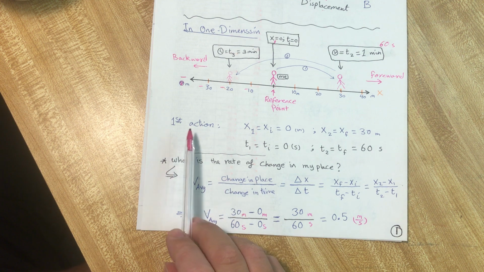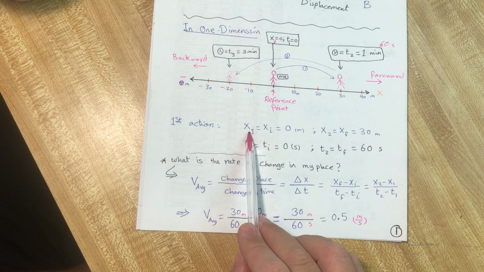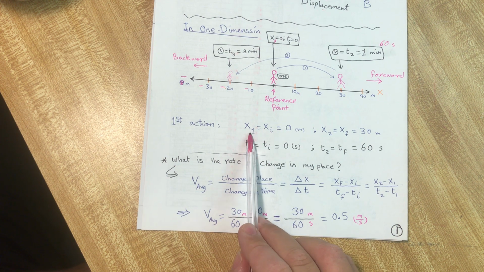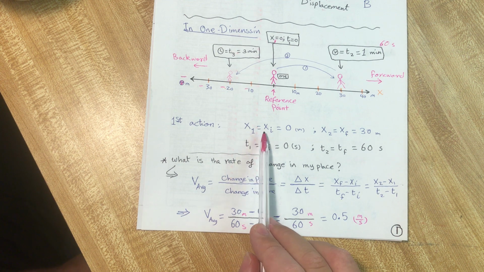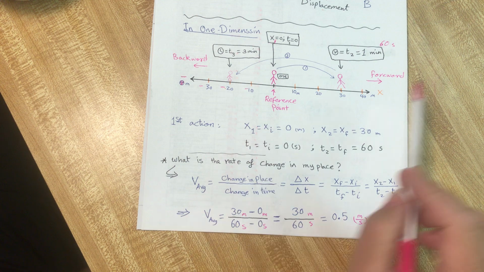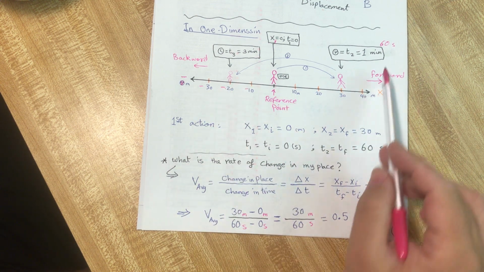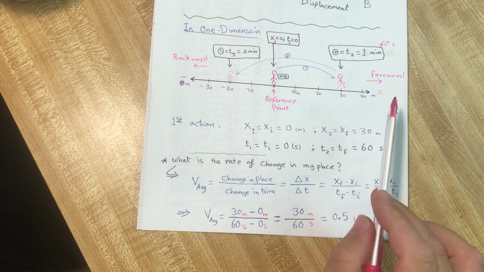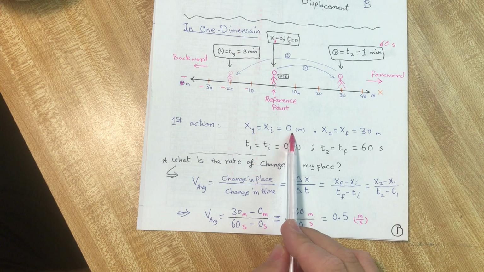In the first action, I choose to name the position by x because we are on the x axis. We can use the y axis, but here we use the x axis. X initial, which is x1, I choose to be 0.